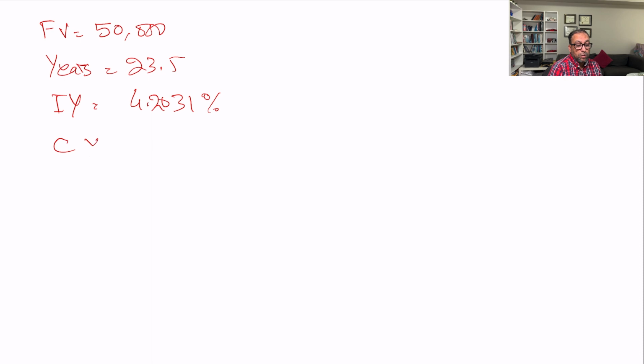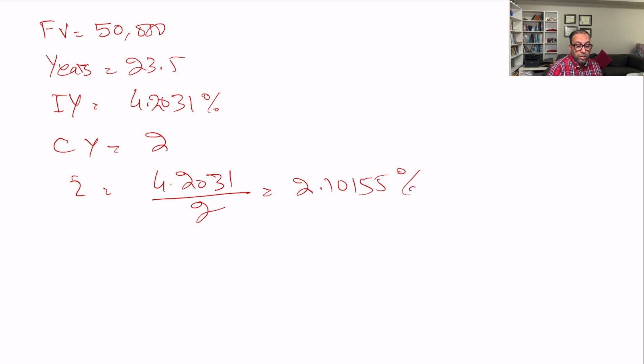CY is 2, semi-annually. So I is 4.2031 divided by 2, which gives 2.10155%, and N is 2 times 23.5, so 47 payments.